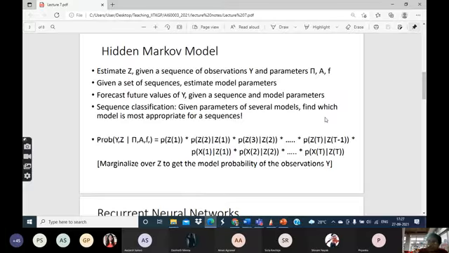And what is the task? The task is, given a new person's time series of employment status, you have to predict which sector this person belongs to. That's a type of sequence classification problem.